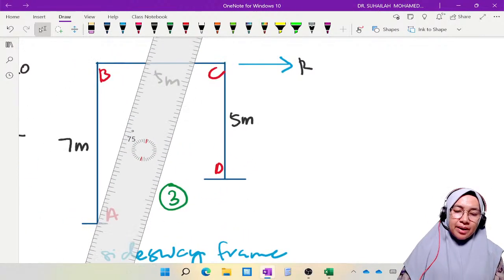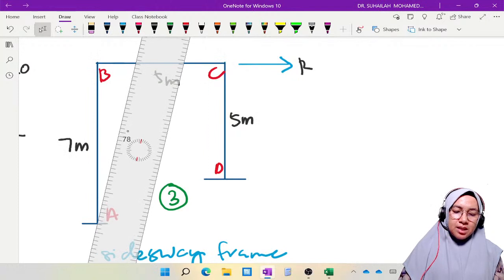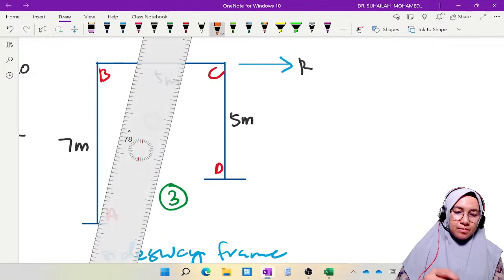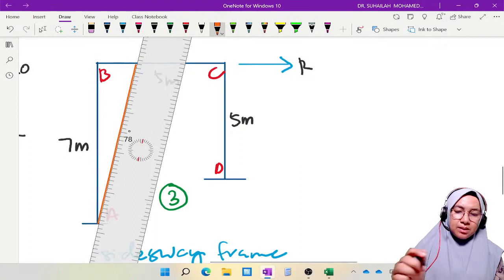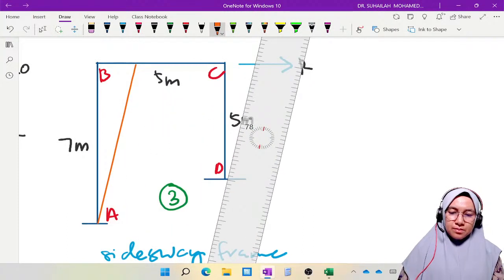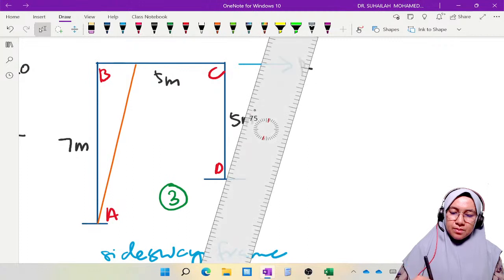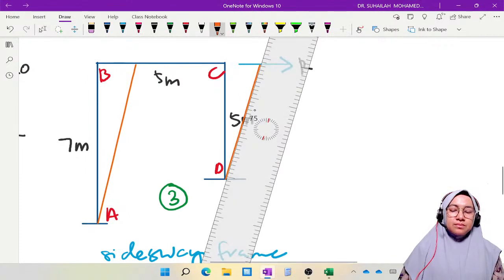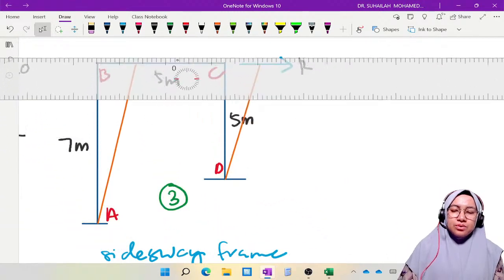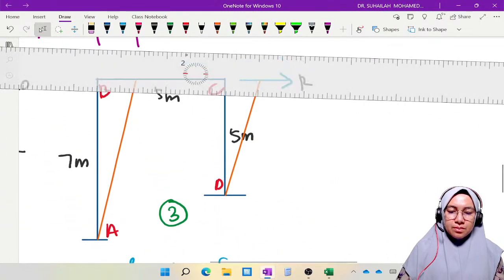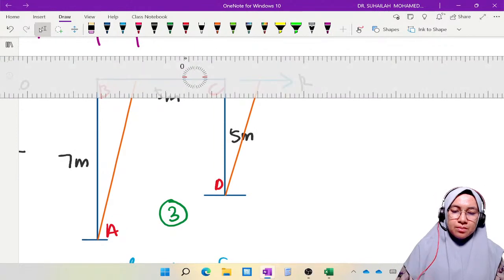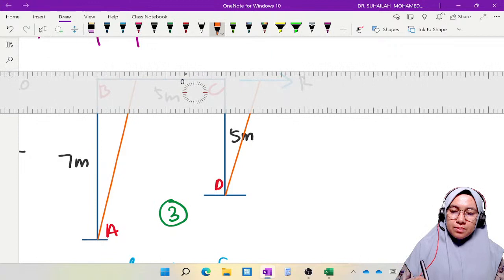So if in this diagram, let's say, this is the delta.